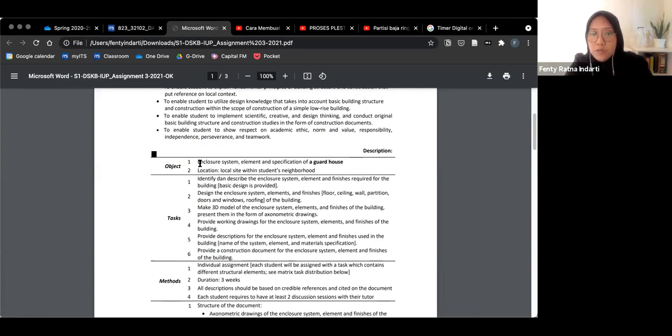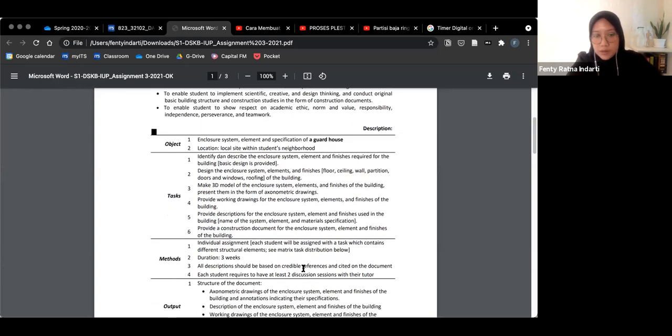And then you have to provide working drawings for the enclosure system, elements and finishes, usually in detail images with a smaller scale. And then provide descriptions for the enclosure system, elements and finishes used in the building. The last one is to provide a construction document for the enclosure system, element and finishes of the building.